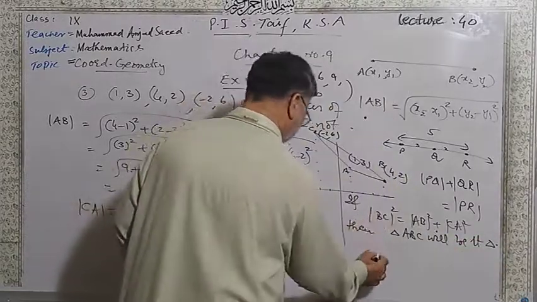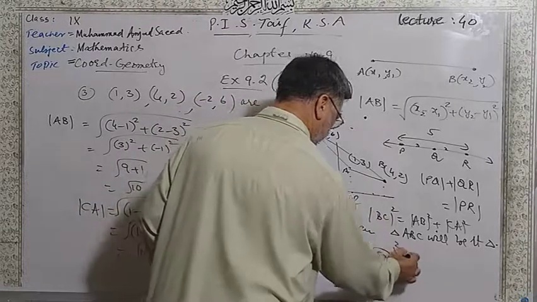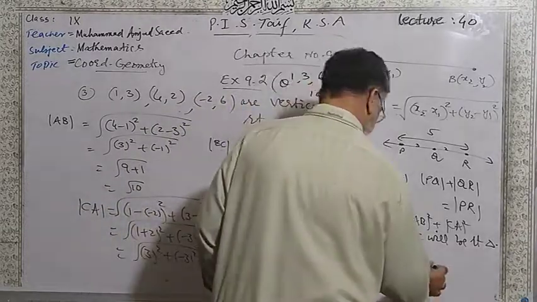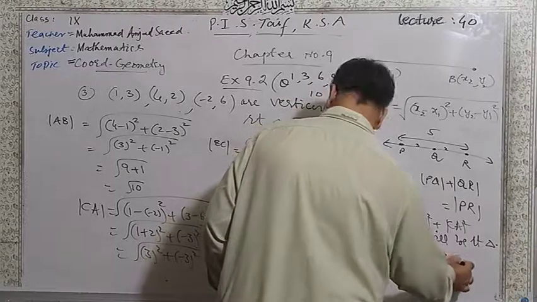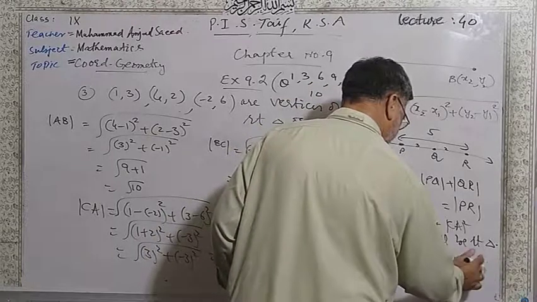Now what about |BC| square? 52 under root square. |AB| square is 10 under root square. Then it will be 18 under root square.